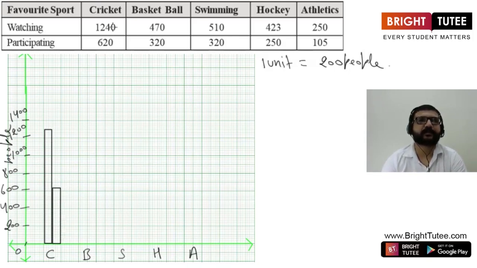Now for basketball, the number of people watching is 470. So it will be like this, and then the number of people participating in basketball is 320. So it will be like this.